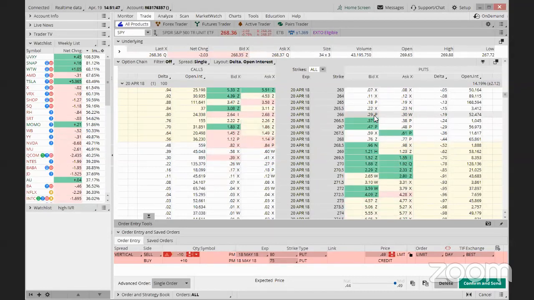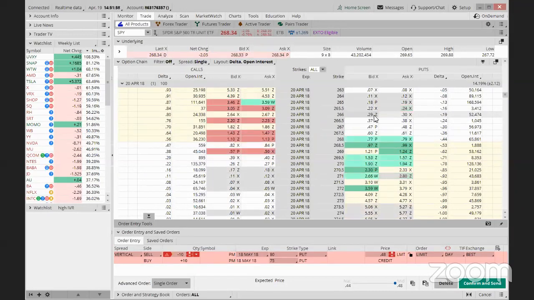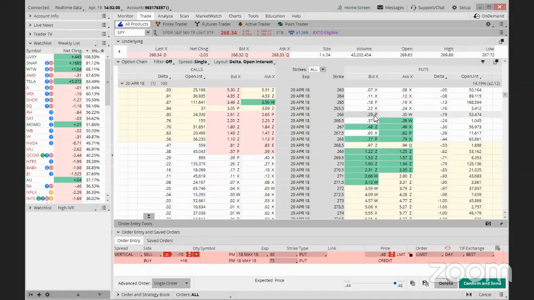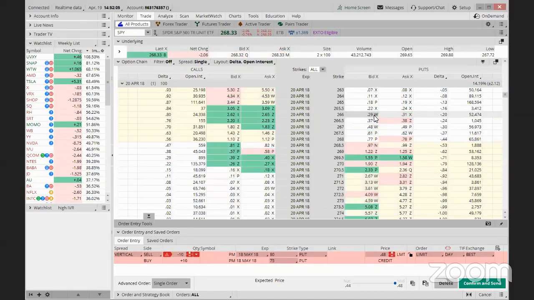So you're taking in 18 cents less. So your maximum potential gain is less, 180 bucks on a 10 lot, but you're going to lose less if it goes against you. And that's a trade-off.